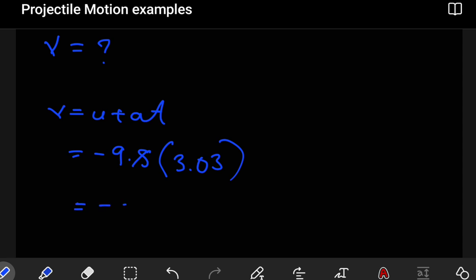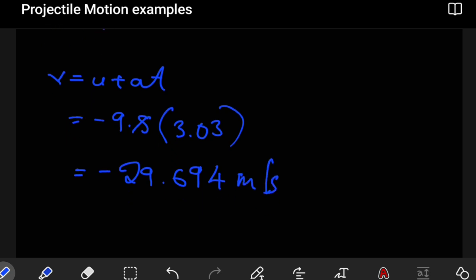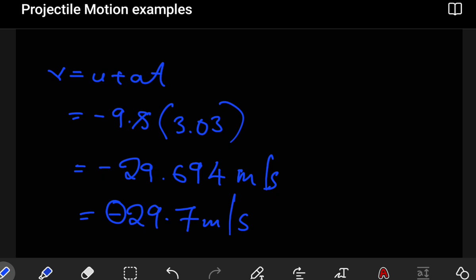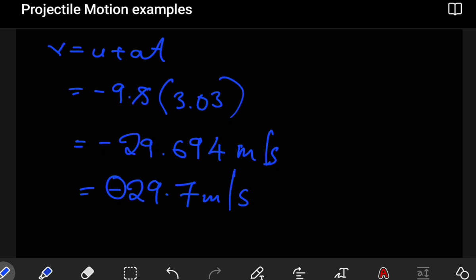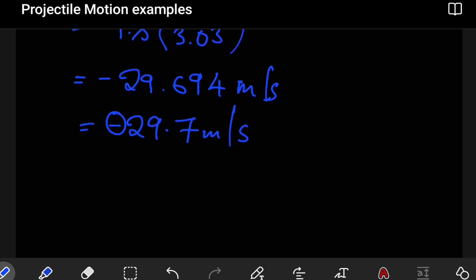You get minus 29.694 meters per second, which of course can be rounded off to just 29.7 meters per second. The negative just means down, and the question is asking for the magnitude, implying that there's no need for that negative.